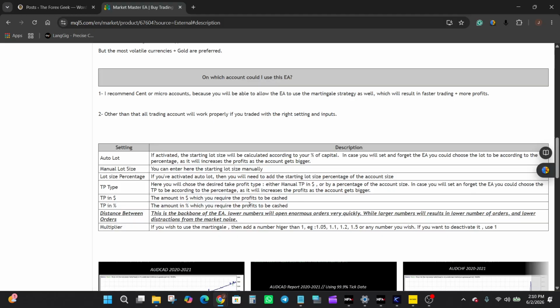Now, there is also a multiplier setting mentioned for martingale style scaling, where values above 1 increase position size progression, while setting it to 1 effectively disables that behavior. So this is clearly a system that can shift between more aggressive or more controlled approaches depending on configuration.